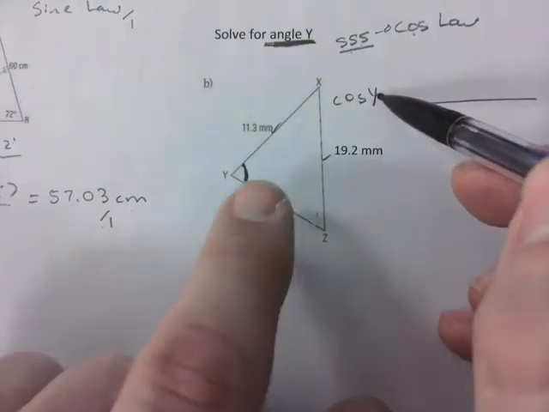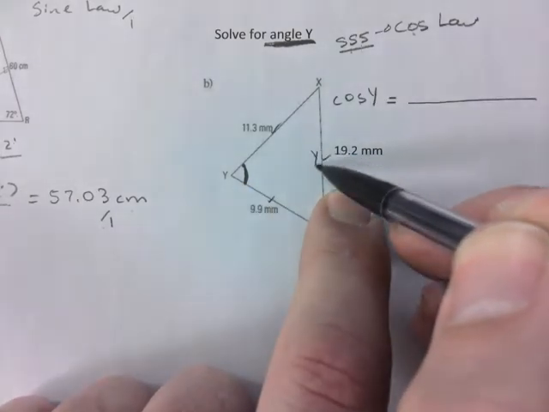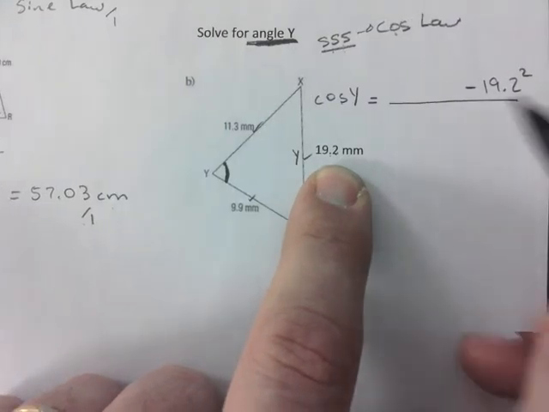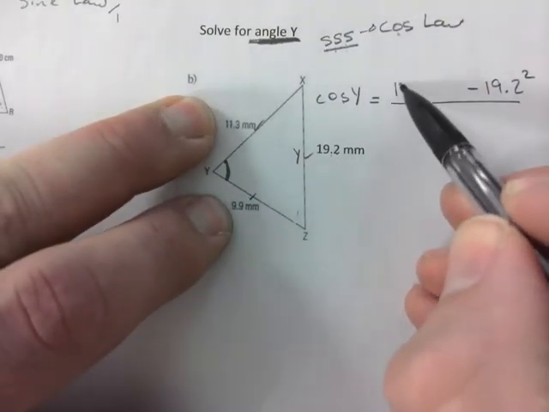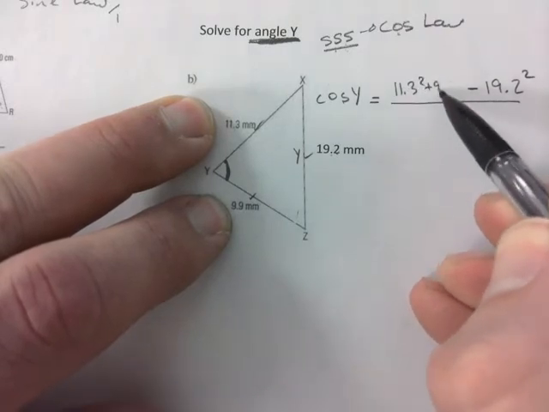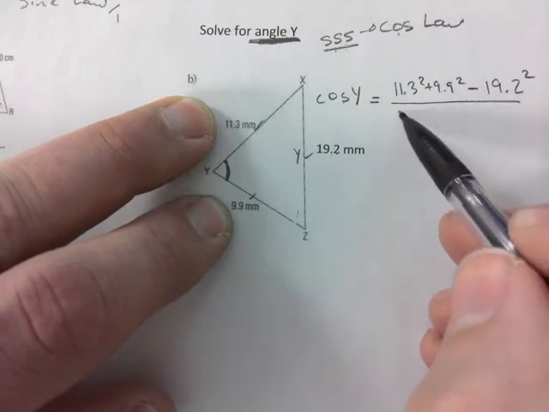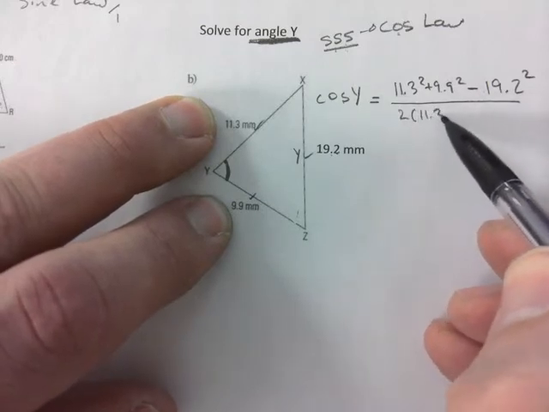So Y is here. I need the side. This is lowercase y right here. I need to go minus 19.2 squared like that. Sorry. And then the other 2 sides are squared and added. Underneath it, you go 2 times 11.3, right?